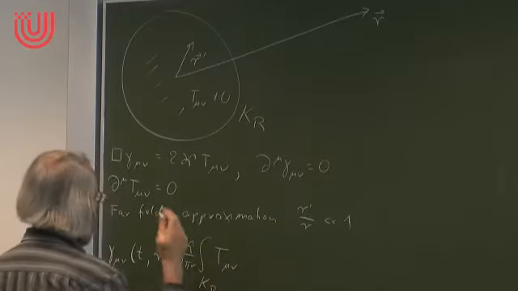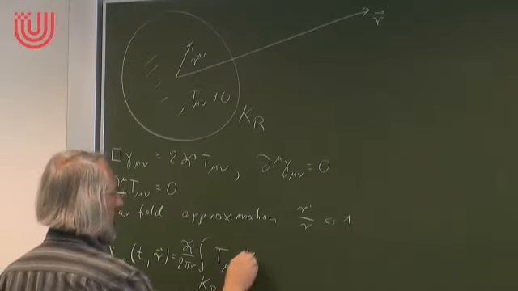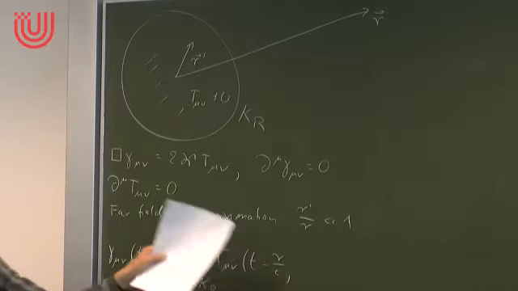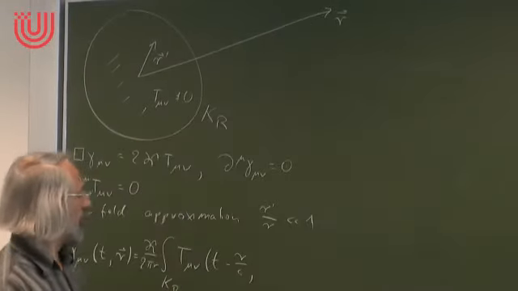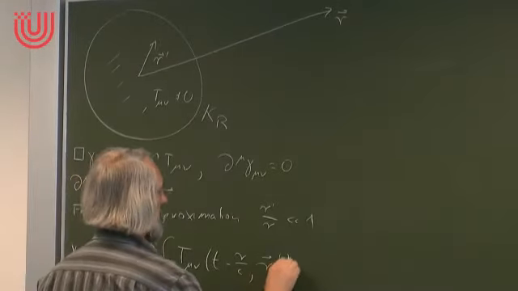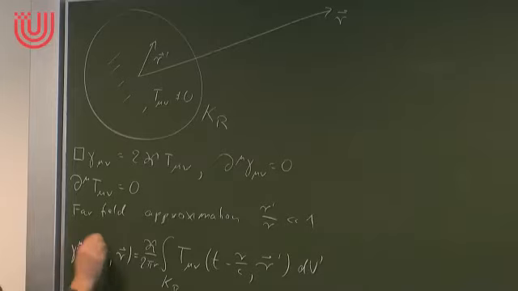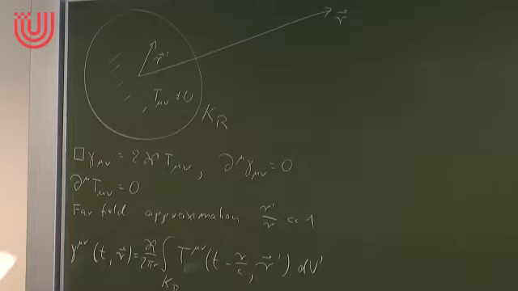We can write it with upper or lower indices, doesn't matter. At a time which is retarded by the time a light ray needs in order to travel from here to here. And the integration variable is r prime. So the volume element is written with respect to the prime coordinates. And what I want to show is that in this approximation, I think I had written it with the upper indices, and that's actually the expression we will need in the following.